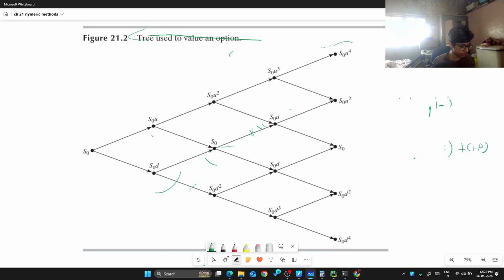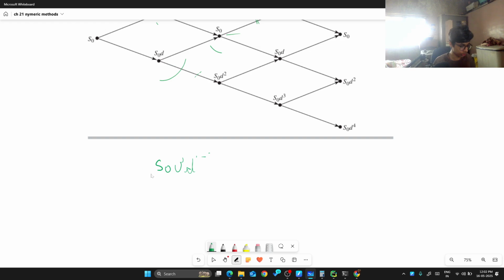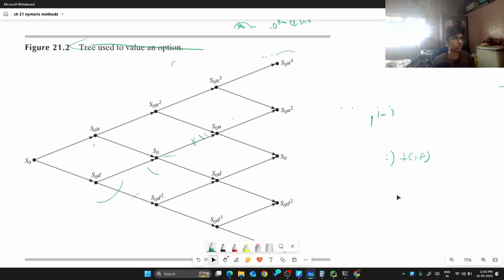And let's generalize this algebraically. So its generalization would be the function F(n, j) equal to max of S0 u^j d^(n minus j) minus K, or 0.